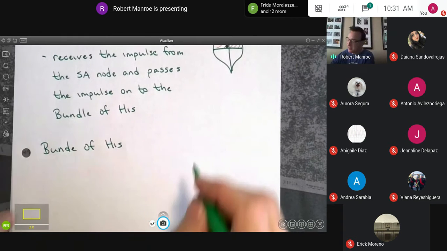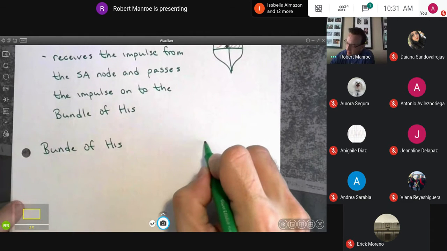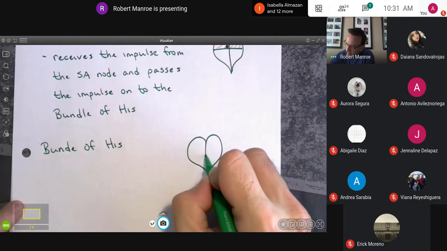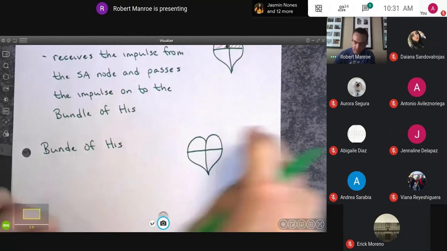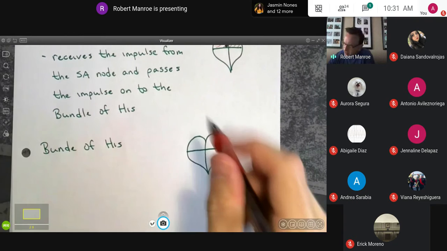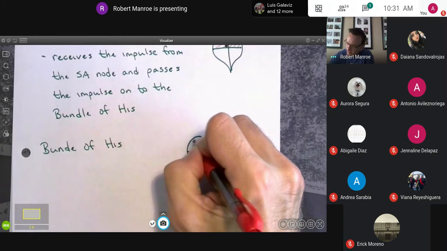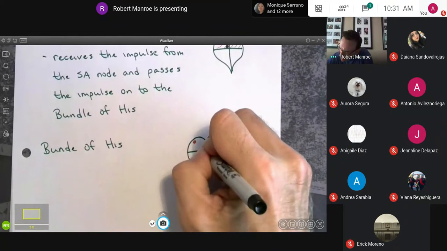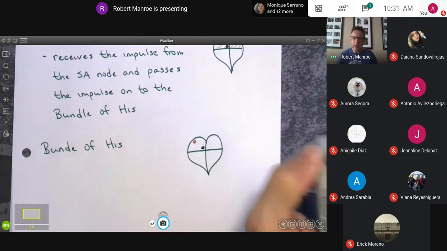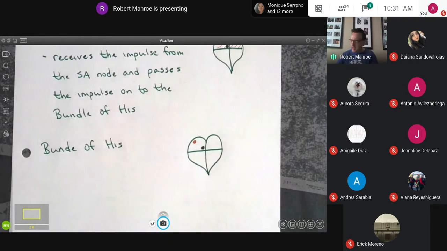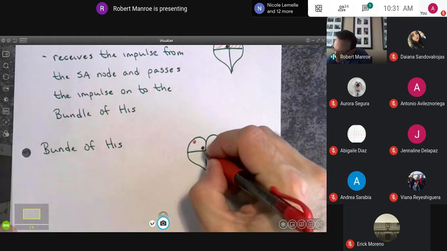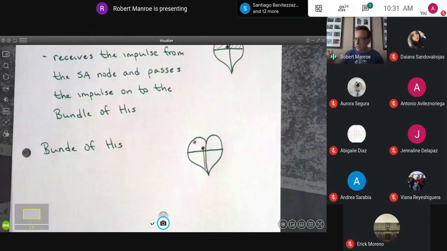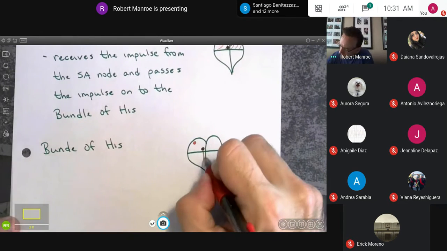And so what this is, let me draw a little diagram here. So here's your heart. So here's SA node. Here's AV node, right? And now the bundle of His is this chain of nerves that leads right down the center of the heart.